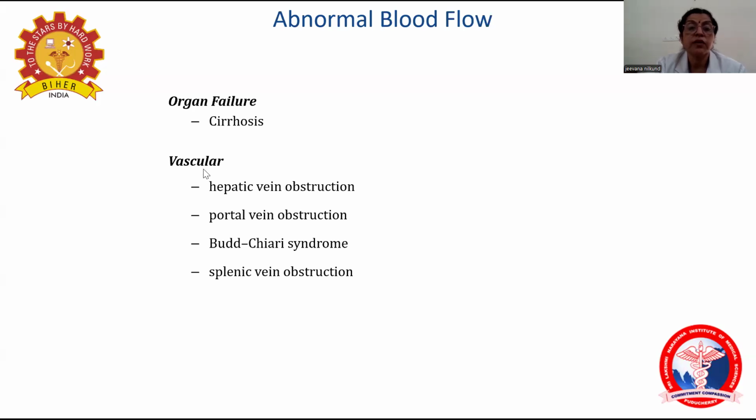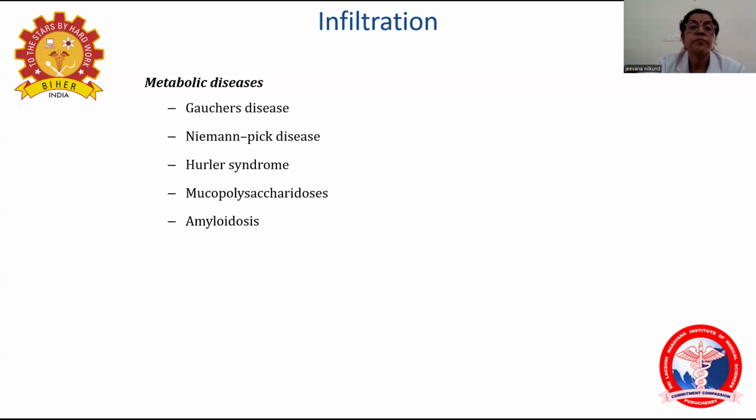Similarly, hepatic vein obstruction, portal vein obstruction, Budd-Chiari syndrome, or a splenic vein obstruction for any reason will not allow the outflow of blood from the spleen away from it. So there is splenomegaly.